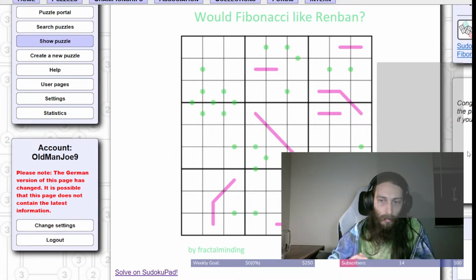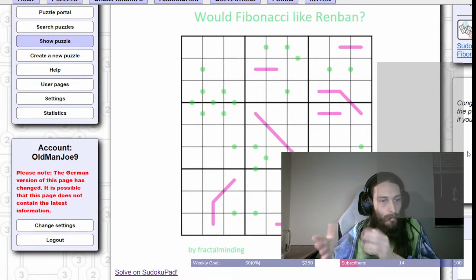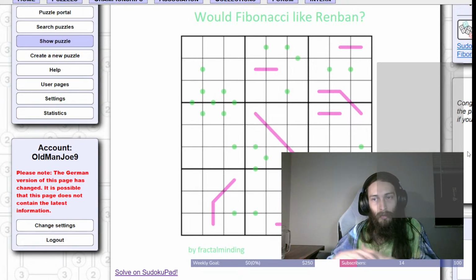I think the black croppy dots, being in the 1-to-2 ratio, are more difficult to work through than the options are for this one, for the Fibonacci dots.